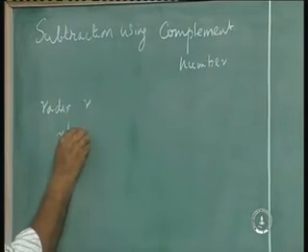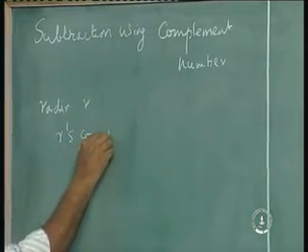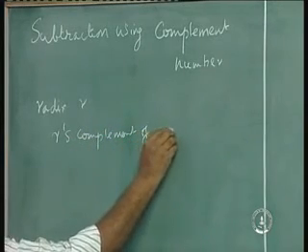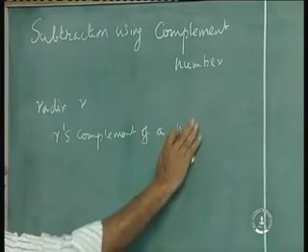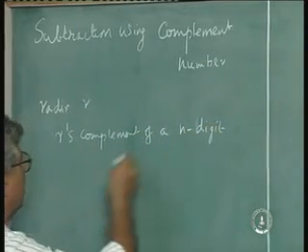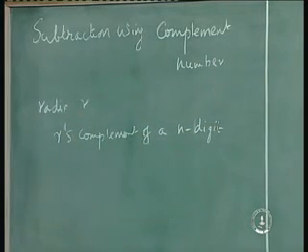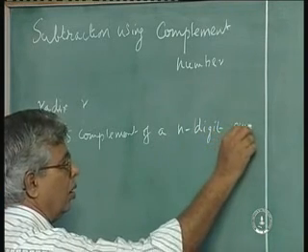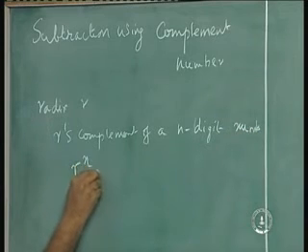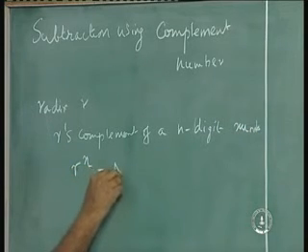R's complement of a n bit number, n digit number, or n digit is for decimal, bit for binary. So since it can be R, can be anything, I don't know whether to call it digit or bit, I can say n positions, whatever. Number is R power n minus the number.